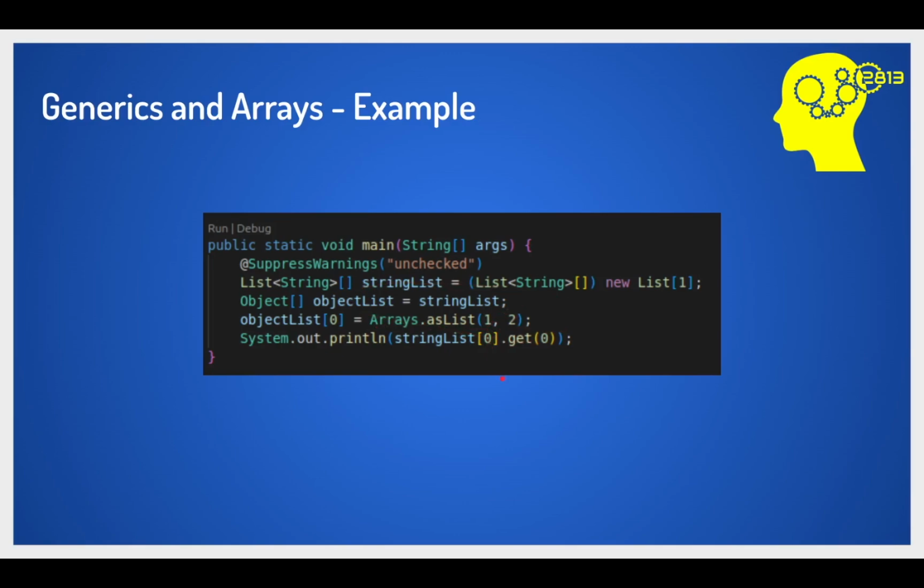Due to how generics works, this will actually have an invisible cast to String, and this will actually fail at runtime. So, because of how arrays work and how generics work, they don't really work together, and you can very easily write code that fails.